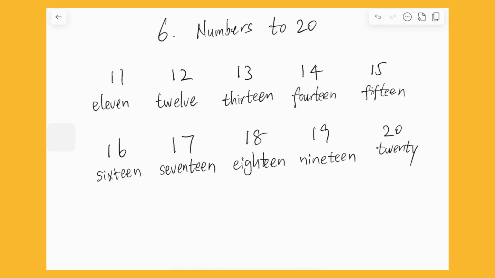Okay, so now you can try counting things around in your house, in your room, from 1 to 20. Okay, do more practice.